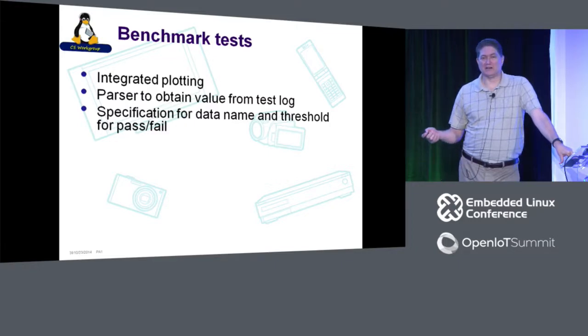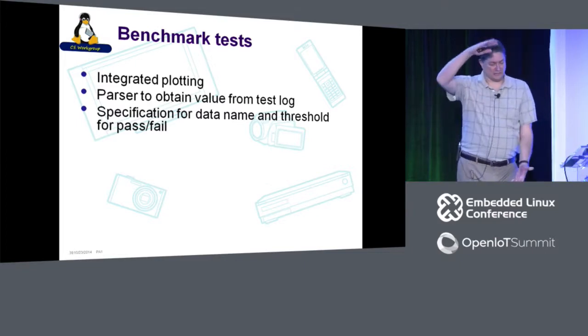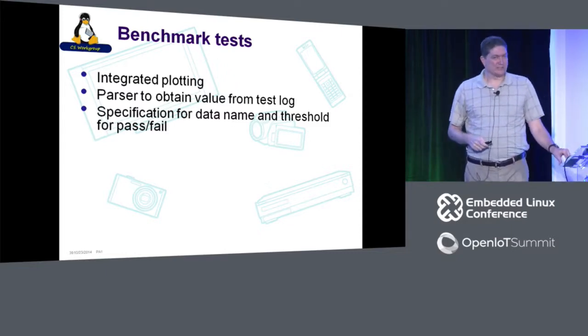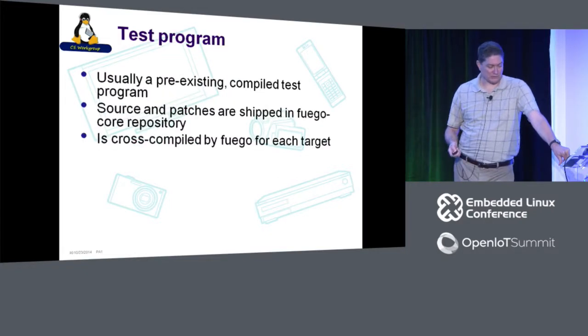Benchmark tests just have a little bit of extra logic to them, and it allows you to plot the data, so you can see that you expect to have not just a single pass-fail, but some value in a range that tells you what's happening with the performance as changes are made to your code base. And so for that, there's a specification file for the data name and the threshold to indicate a pass-fail on the performance.